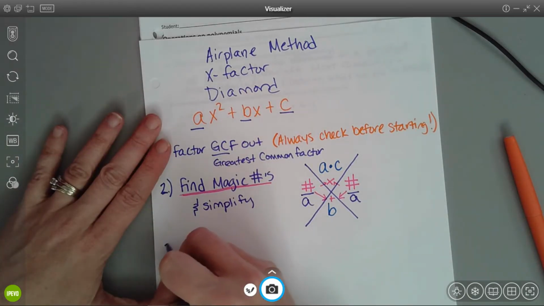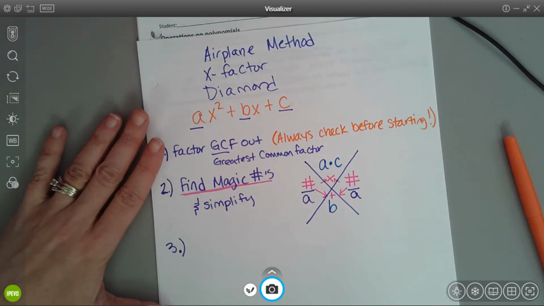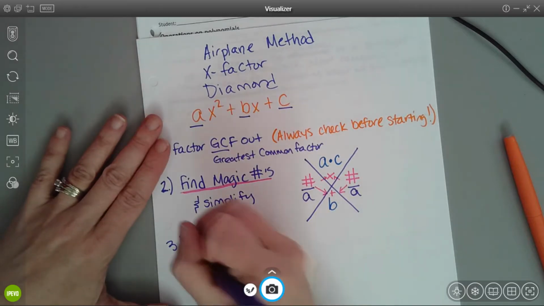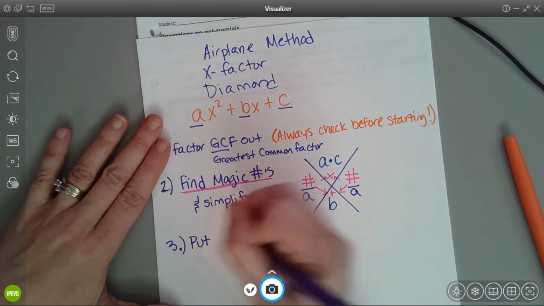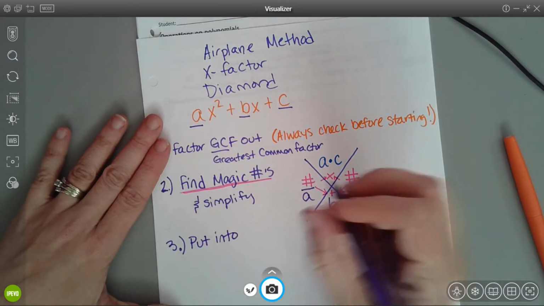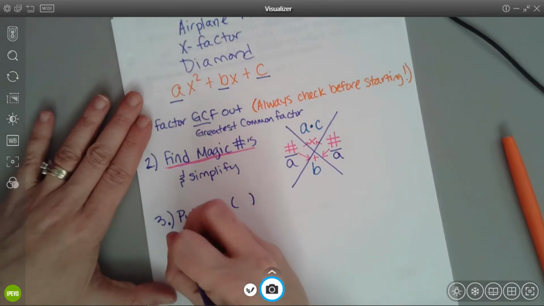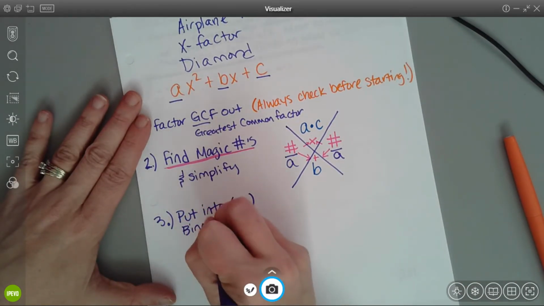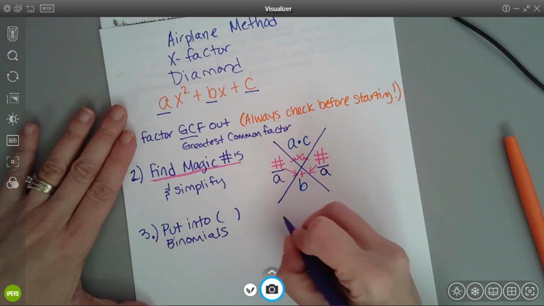Okay. So step 3. We are going to put these into our parentheses, or what we'll call our binomials.